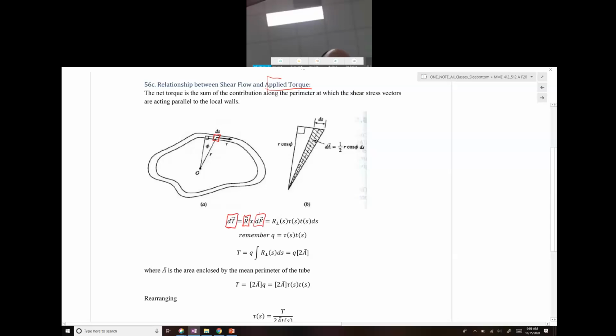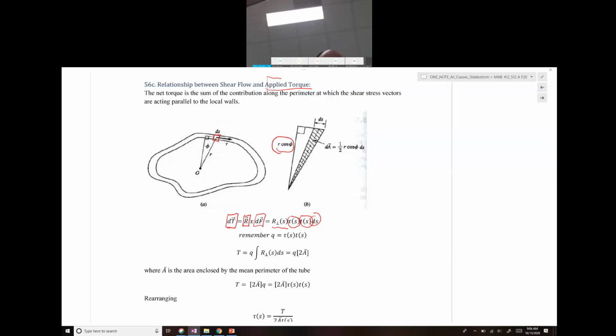Okay, so if we look at that, if we evaluate that cross product, what we end up getting is the perpendicular distance r perpendicular equal to this r cosine phi term, if we blow up this triangle, times the shear stress at that point tau of s times the thickness t of s times d of s.